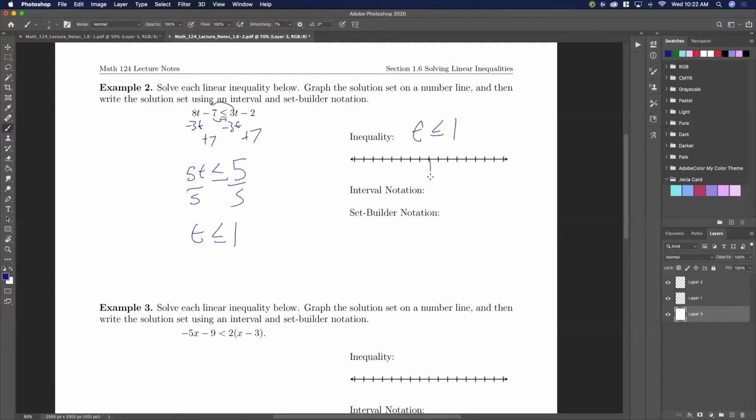Here I'm going to put in my 0. I'm going to use the dot this time just to show you both. And notice that this points in the direction of your line.